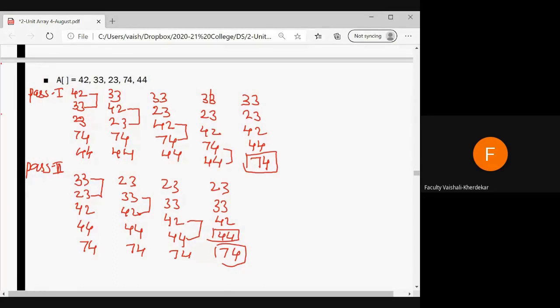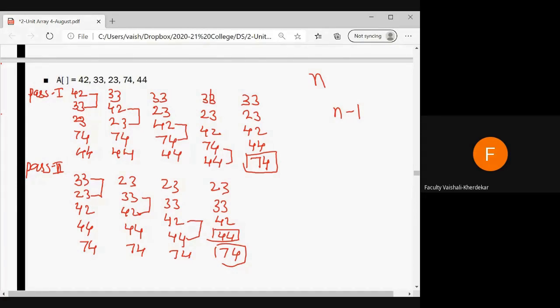In that loop we are comparing each and every element. The outer loop we execute n times and the inner loop we execute n minus 1 times. Now what is n? The total number of elements. How many elements are there? 1, 2, 3, 4, 5. 5 elements are there, so there are 5 passes.